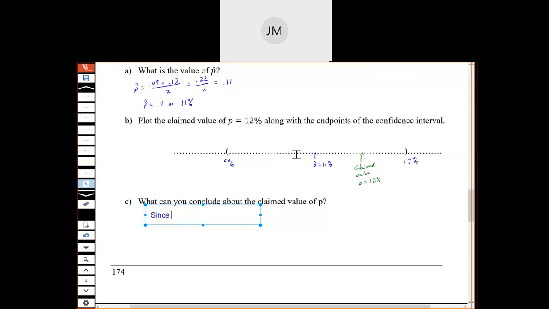So since the claimed value, or P, was 12%, is in the interval, then there is not evidence that P has changed.